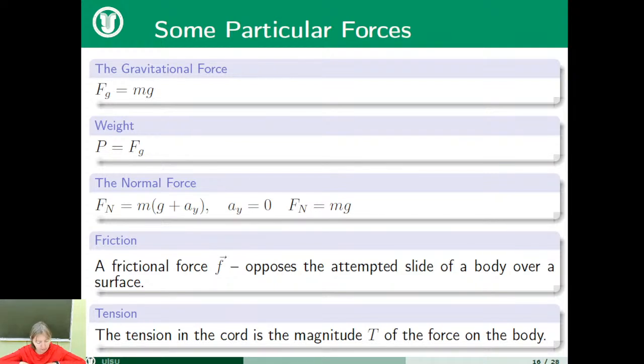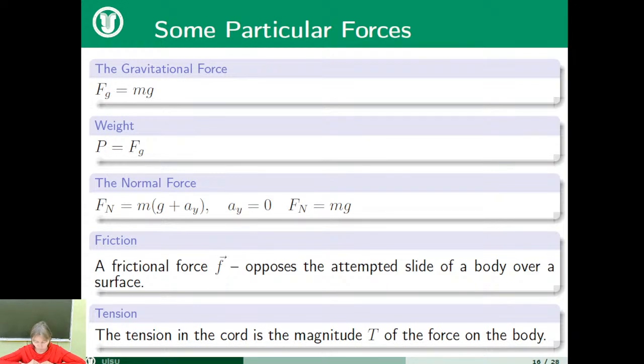The resistance is considered to be a single force, called the frictional force or simply friction. This force is directed along the surface, opposite the direction of the intended motion. Sometimes, to simplify a situation, friction is assumed to be negligible.